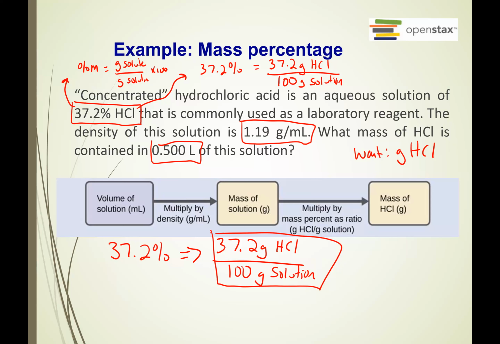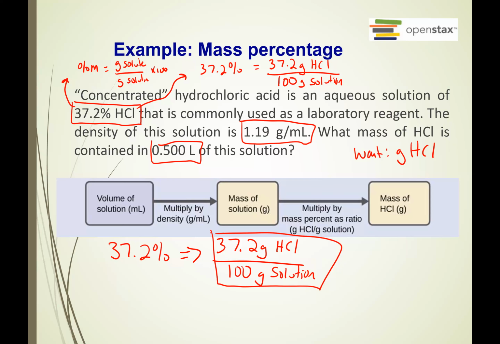Okay, so a good plan of attack in chemistry, for all chemistry, forever, that you do, is if you're given more than one number, start with the number that only has one unit. You can start with a number that has more than one unit, but it's just harder. It's always easier if you start with a number that has one unit.